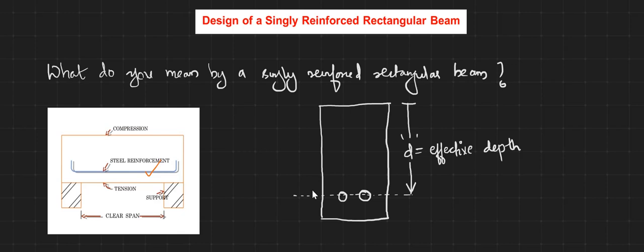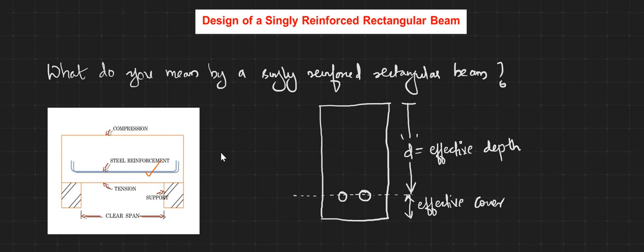That is, the distance from the extreme compression fiber to the centroid of your reinforcement is called the effective depth, represented by small d. The distance from the centroid of your reinforcement to the extreme bottom fiber is called the effective cover.